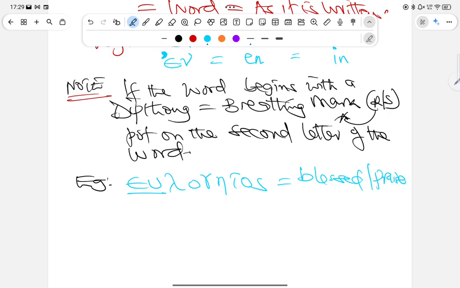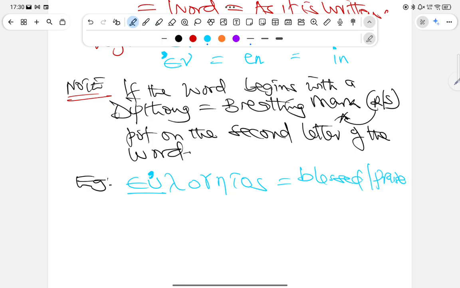Now, if the breathing mark appears, and in this case it is a smooth breathing mark, it would appear on the second letter, not on the first. Since it's a smooth breathing mark, when you're pronouncing this, you're not going to give it an H sound.